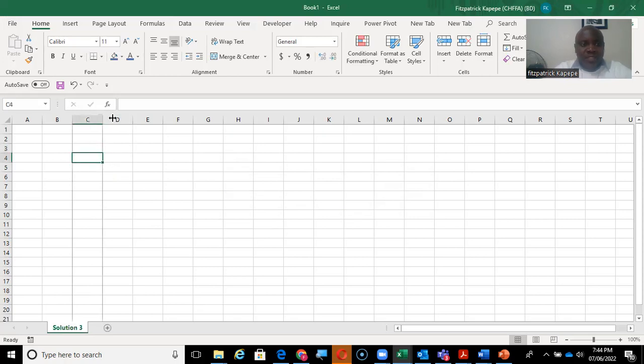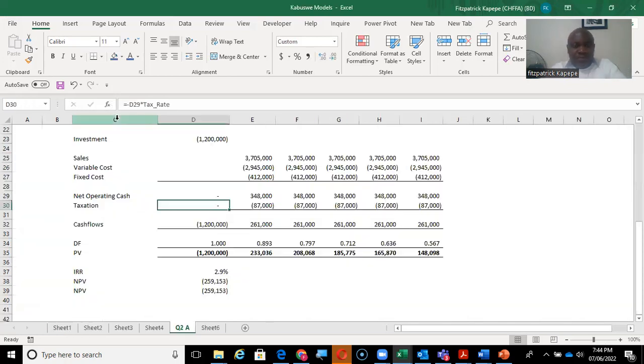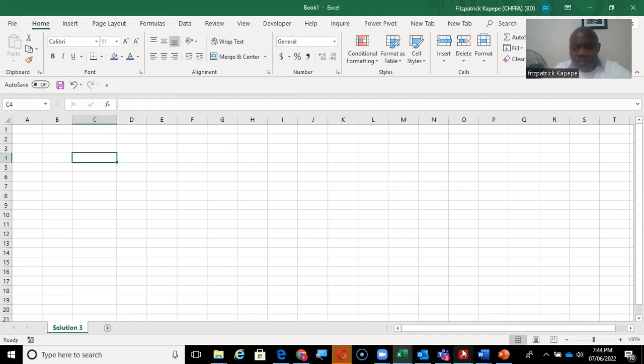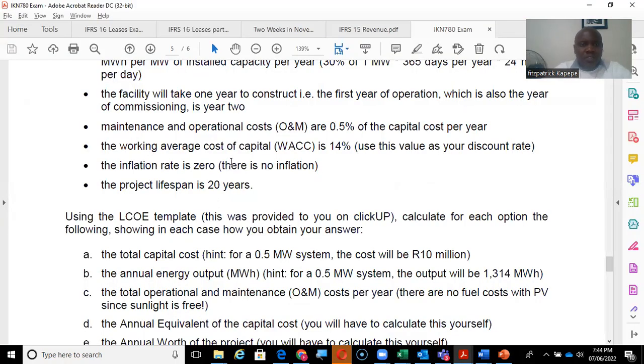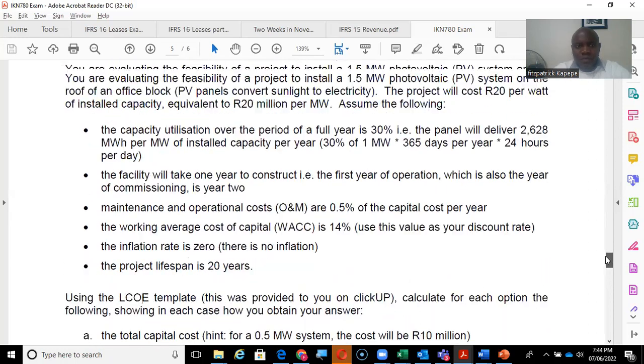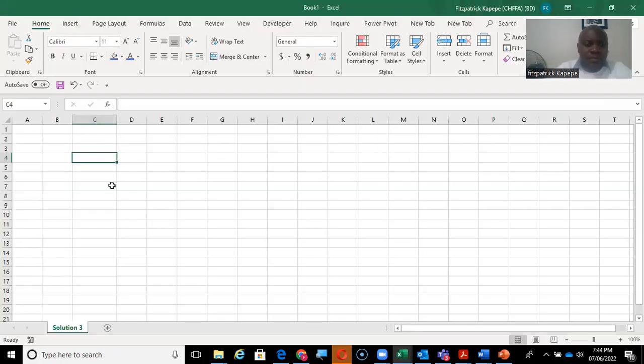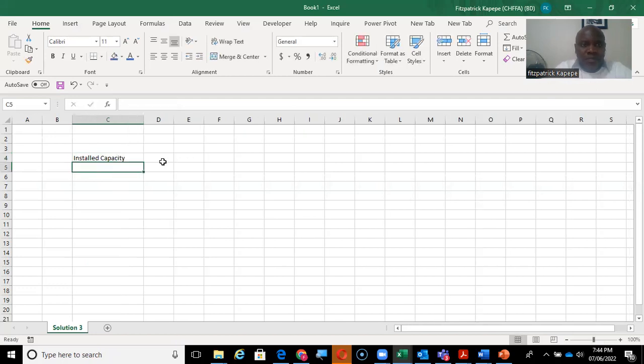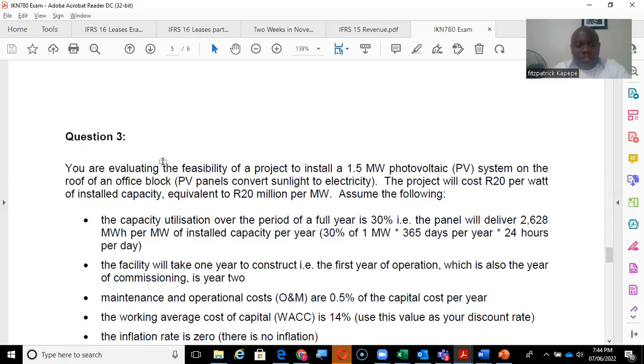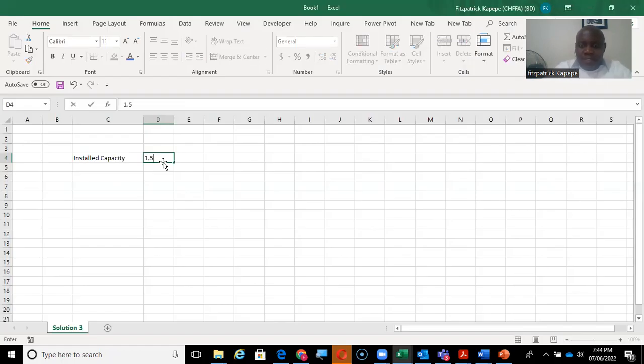So we'll start with, let's go back to the question. You start with the feasibility of a project, the installed capacity, which is 1.5 megawatts.